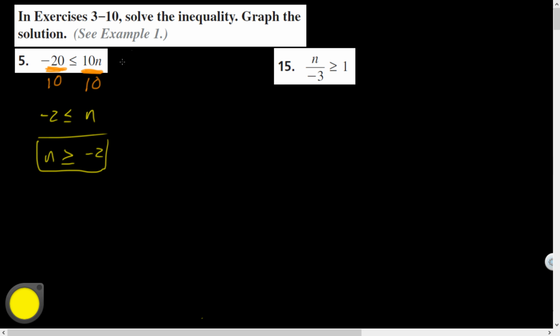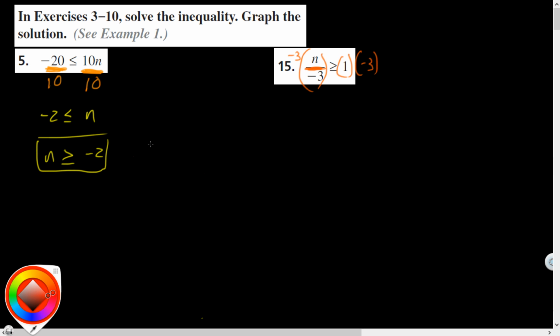Let's take a look at this one, and then I'll graph each of them simultaneously. Let's see, let me get a darker orange here maybe. So n is being divided by negative 3. It's not being subtracted by 3, it's being divided. So the inverse operation would be to multiply both sides by negative 3.